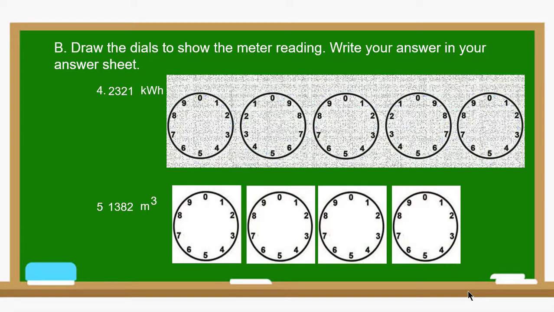Letter B. Draw the dials to show the meter reading. Write your answer in your answer sheet. Number 4. 2,321 kilowatt hour. Number 5. 1,382 cubic meters.